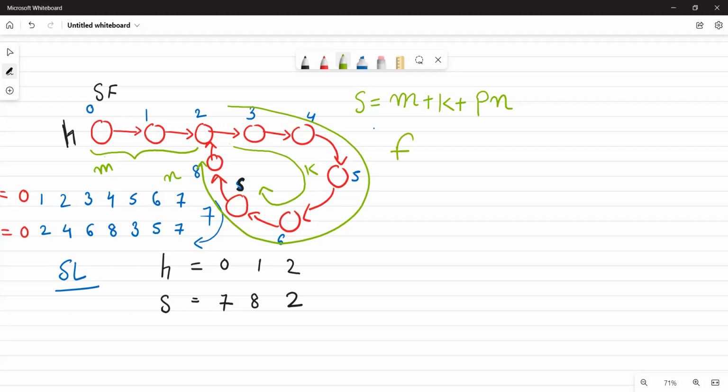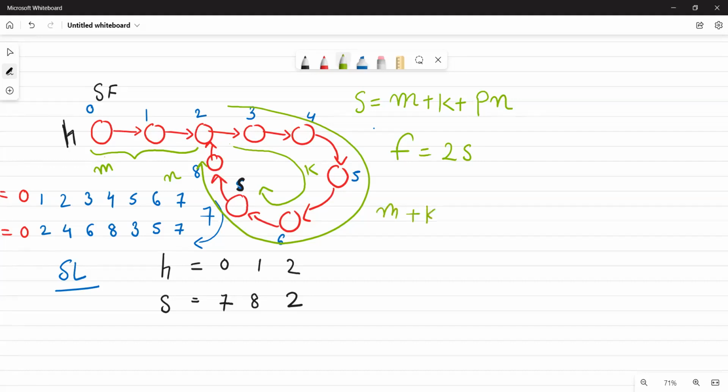Now, for the fast pointer, we know it is double times the slow pointer, right? Are you getting it? So let's suppose that our slow pointer is making P turns, so a fast pointer would have made Q turns.